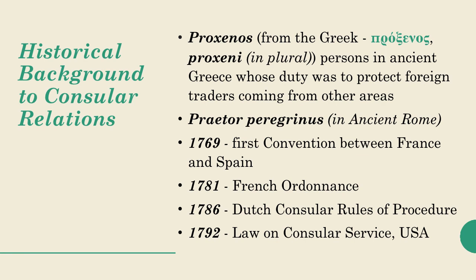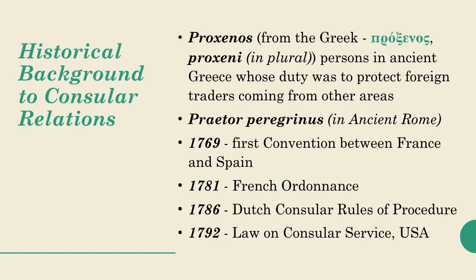In the wake of the Industrial Revolution and the development of trade on new basic principles, the institute of consul gained in importance once again. The first convention regulating the status of consul was concluded between France and Spain in 1769. Internal legislations related to this institute also began to take shape.